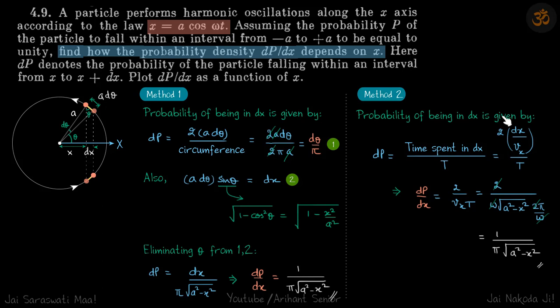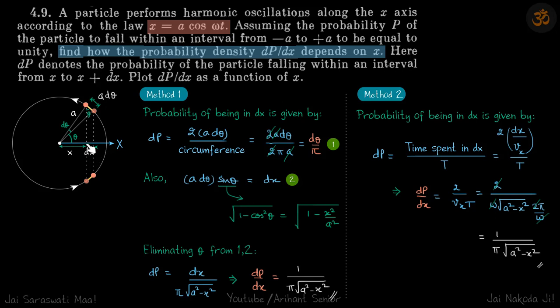Probability of being in dx is given by the time spent in dx divided by the total time period. Now how much time does it spend in dx? If the velocity of the particle when it is at x is vx, then the time spent here is dx upon vx.